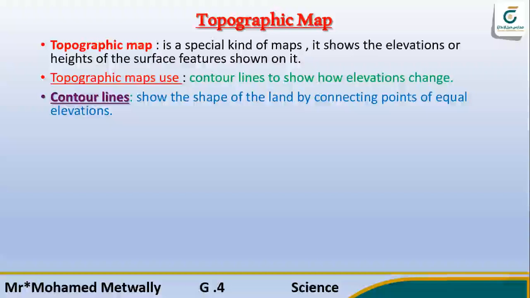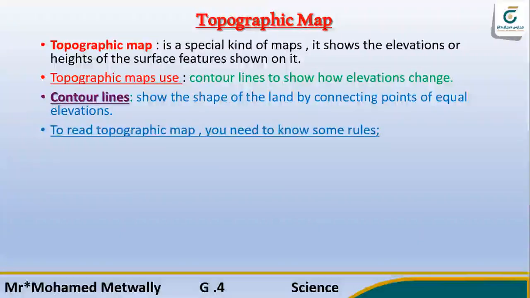Any feature above the Earth's surface, we need to locate using a topographic map. So a topographic map helps us to locate any feature and know the elevation of the features shown on it.